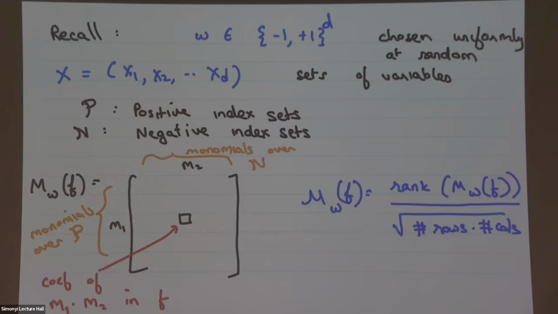Each row is a certain polynomial which you get by taking the partial derivative with respect to one of the monomials in the negative set. You look at all these different partial derivatives, these polynomials, and you're looking at the dimension they span.